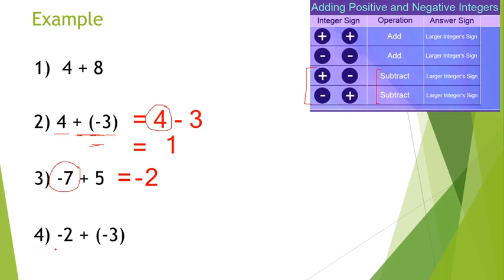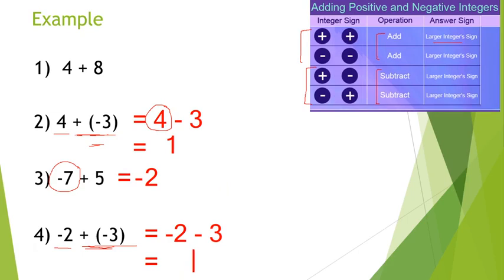Example number 4. Now I have minus 2 plus minus 3. So firstly I have to solve this bracket. So how will we do it? We can write this as minus 2 plus and minus, what will it be? Minus 3. That's it. Both the numbers have what? The same sign. Whenever we have the same sign, we will add the numbers and the larger integer will decide the sign.